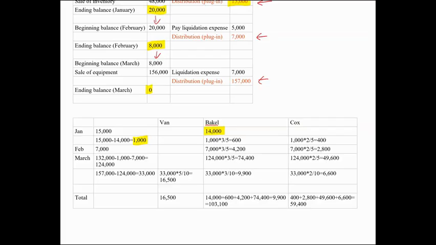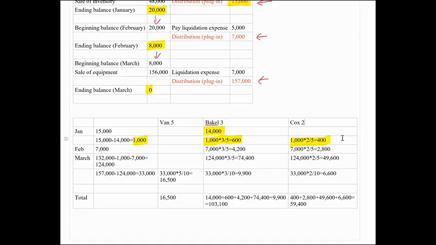For the remaining 1,000, we can give 60% to Baco and 40% to Cox, based on the 5:3:2 ratio that is given. Okay, and now we have finished the January distribution.